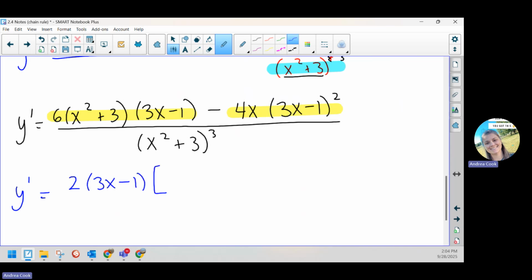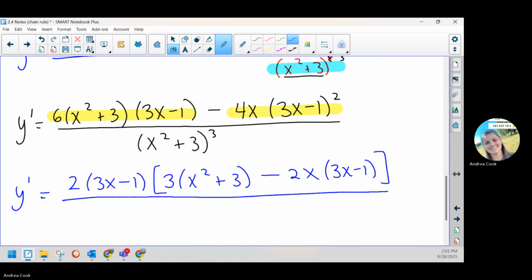So when I take that out, I'm going to be left with 3 times x squared plus 3 minus 2x and 3x minus 1, all over x squared plus 3 cubed. So again, I looked at what they had in common, so I only took out 1. They also had 4 and 6, which could both be divided by 2.